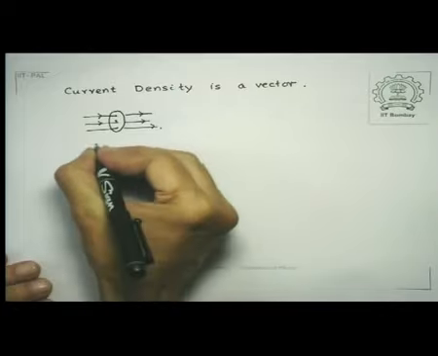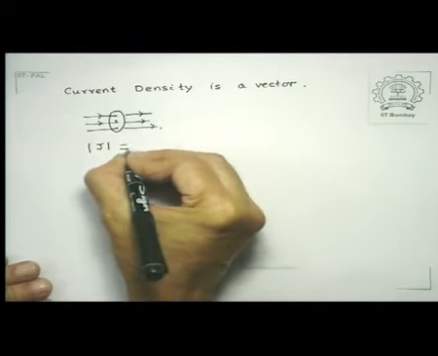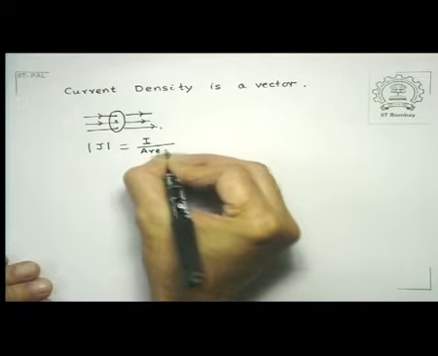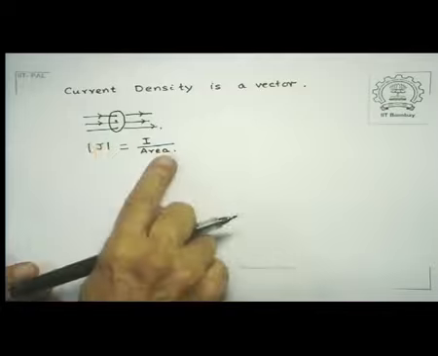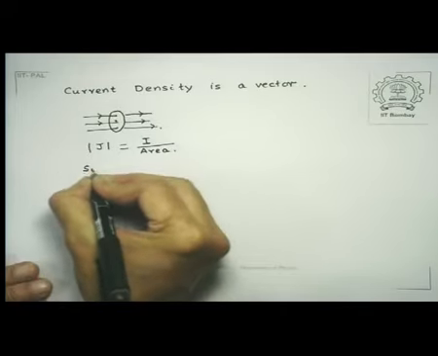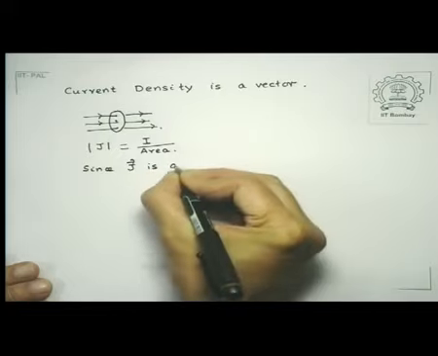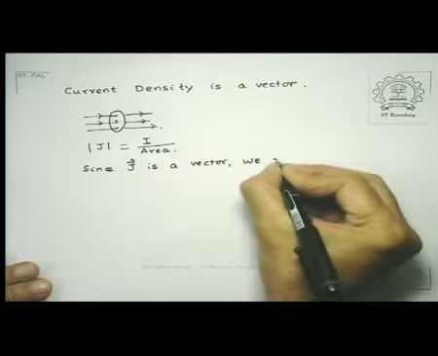So let's first talk about the magnitude and then I will come to what is its direction. So magnitude of J is I divided by area. So this is of course a scalar because current is a scalar, and area as we understand is a scalar. Since J is a vector, we need to define its direction.